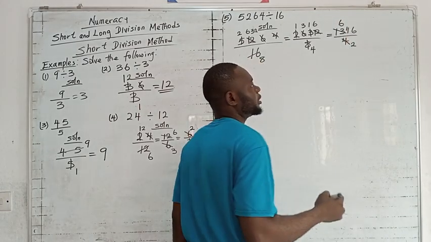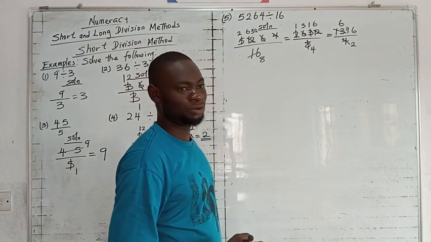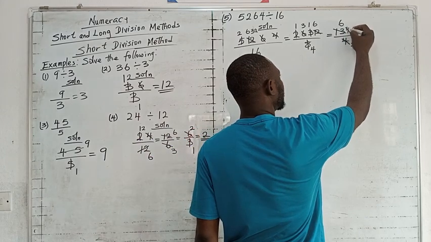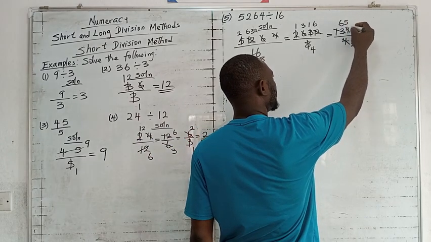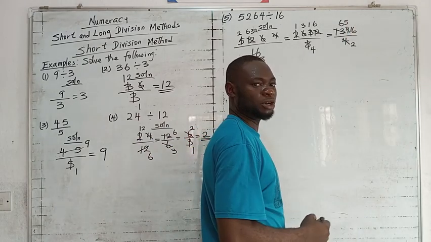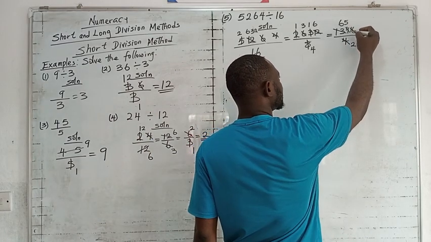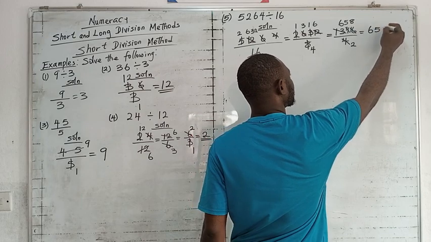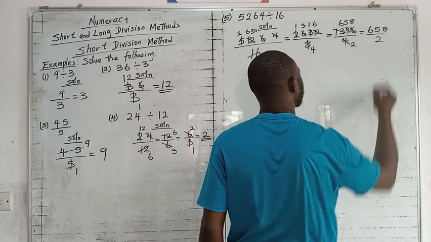Put that one here. It becomes 11. 2 into 11, 5 remainder 1. Put that one here. It becomes 16. 2 into 16, 8. So we now have 658 divided by 2.